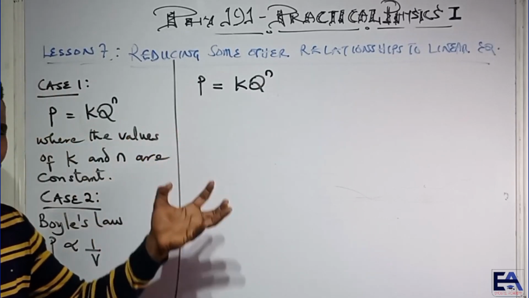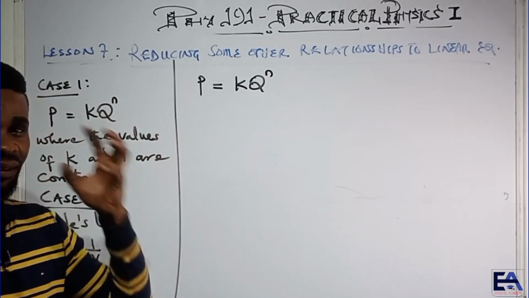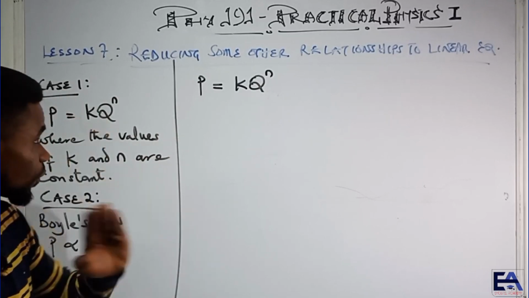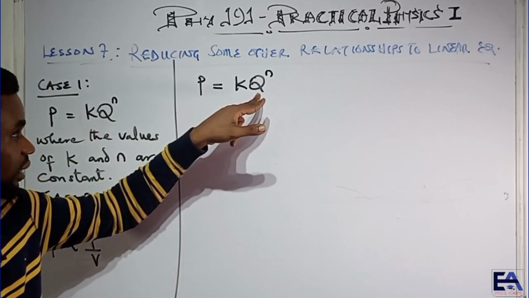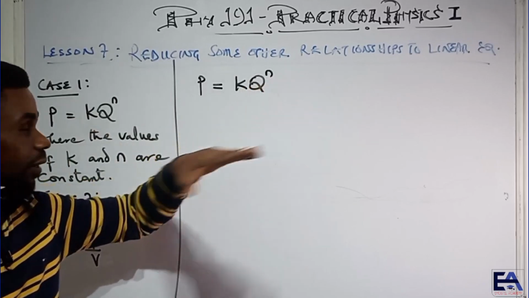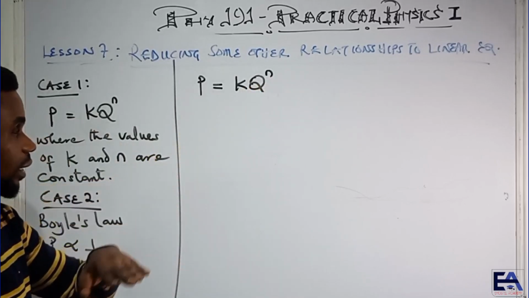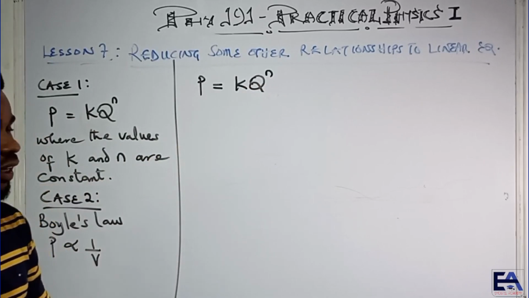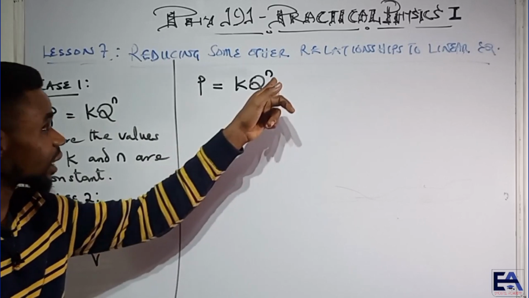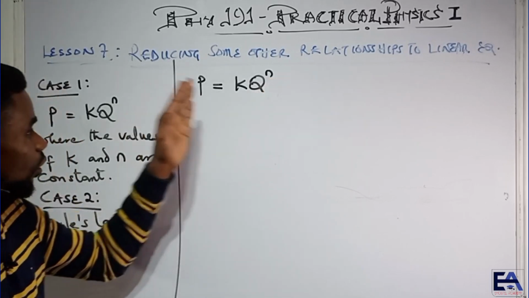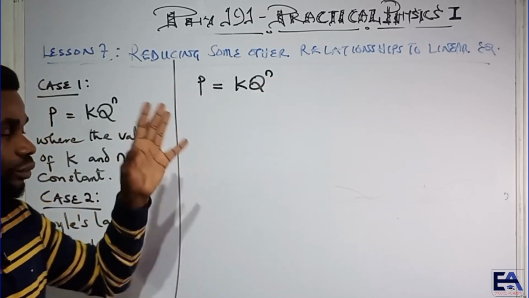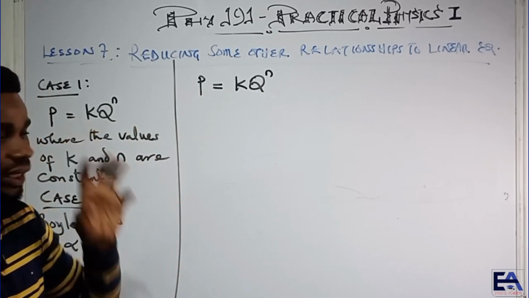So how do we convert a case like this into a linear equation? Obviously, because the independent variable is carrying a power, we are going to get a nonlinear graph. But how do we get rid of this power and convert the equation to something that is linear?